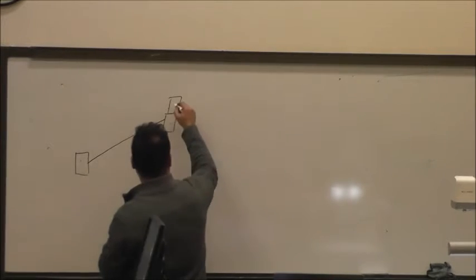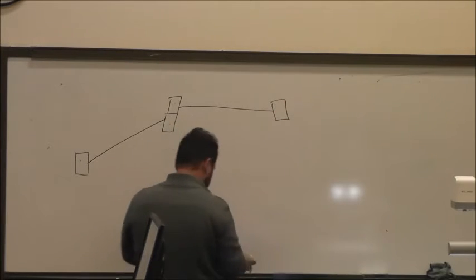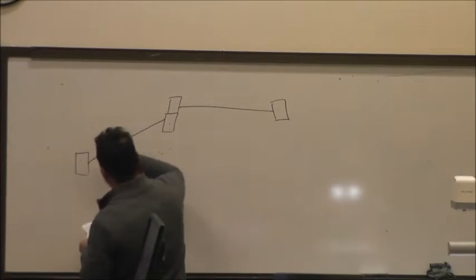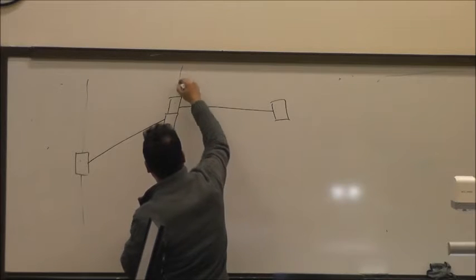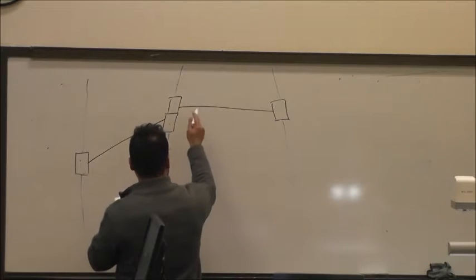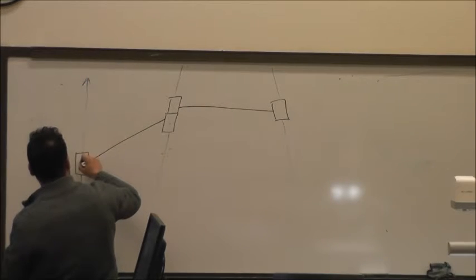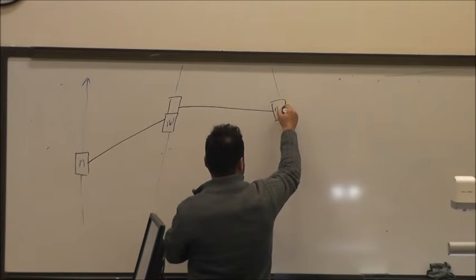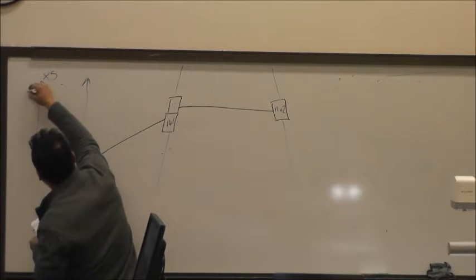These are joints, right? This is the joint, let's say joint N plus 1, and N plus 2.